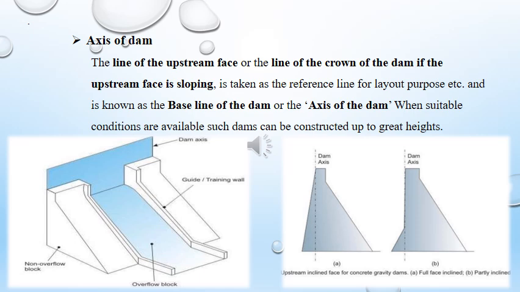This vertical line will be known as the axis of dam, or the baseline of the dam. With the help of this line, the construction as well as the design is considered with respect to this line. So, this is very important in designing as well as in construction.